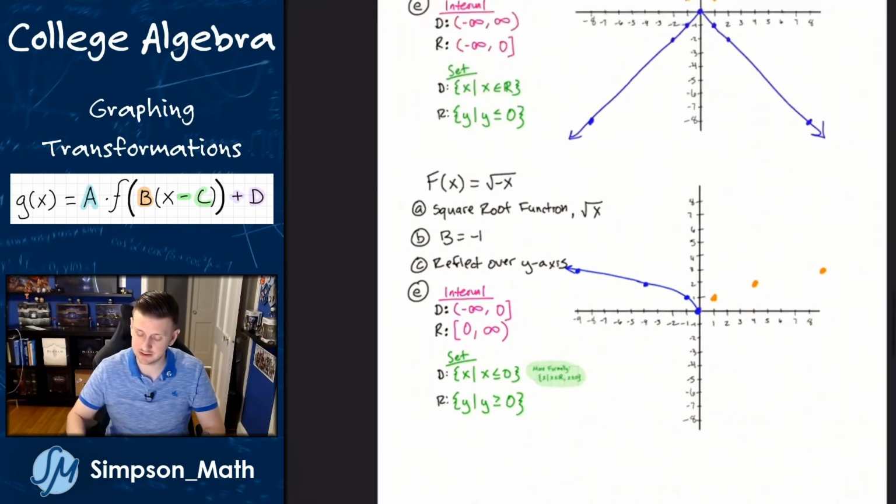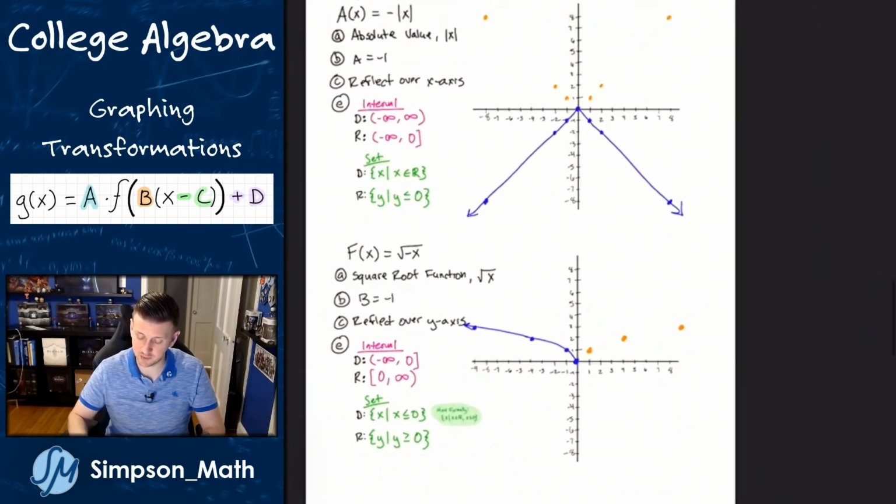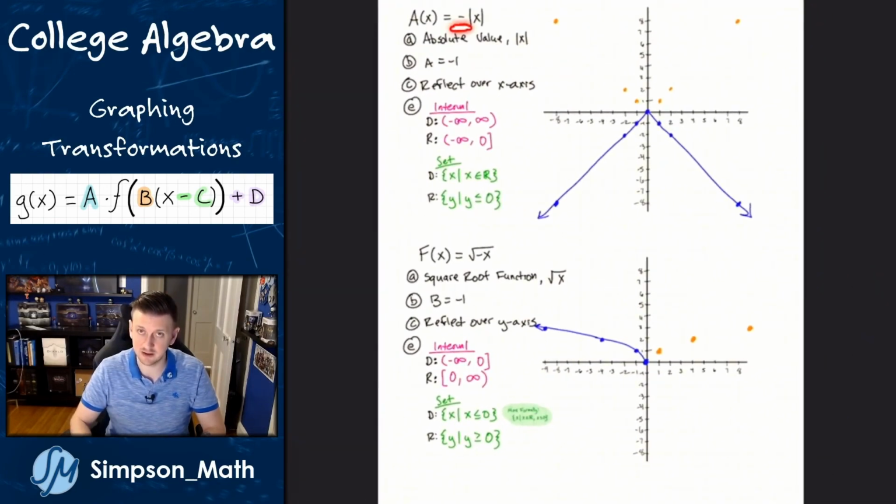Whenever I reflected over the x-axis, my y's changed, so appropriately the range changed, but not the domain. When I multiplied my x's times the negative and reflected over the y-axis, appropriately the domain changed, but not the range. So that's a nice little relationship there.